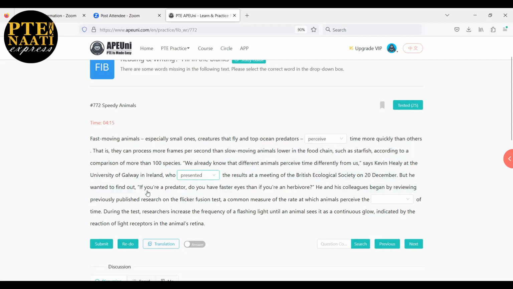He wanted to find out if you are a predator, do you have faster eyes than if you are a herbivore? He and his colleagues began by reviewing previously published research on the flicker fusion test, a common measure of the rate at which animals perceive the passage of time.